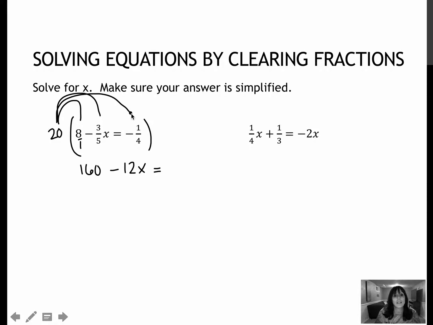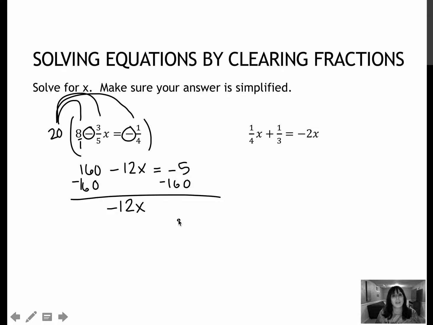And then 20 times 1 is 20, divided by 4 is 5. Keep track of those negatives, make sure they all end up in the same place. Now this is fairly straightforward. I'm going to move that 160 to the opposite side. That gives me -12x, and negative plus another negative gives me -165.